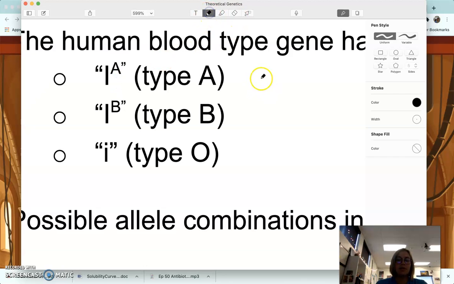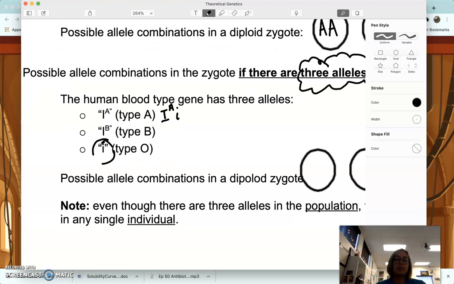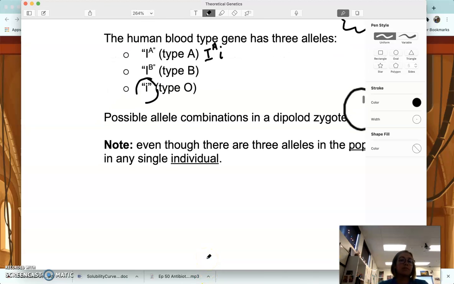So type A is written like this, IA, and it could be that you do IA, I, little I. Little I stands for O, and remember that blood type is simply the different versions of blood.